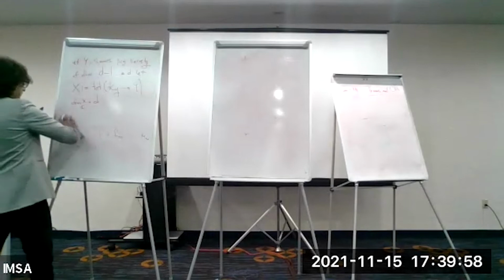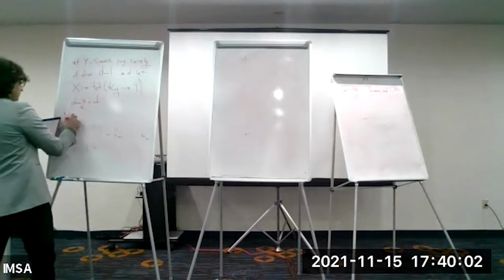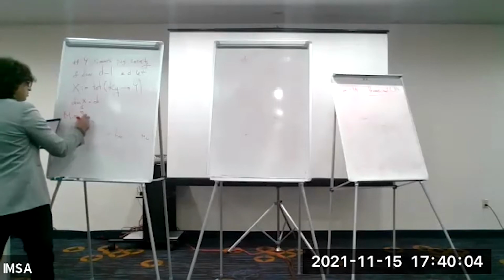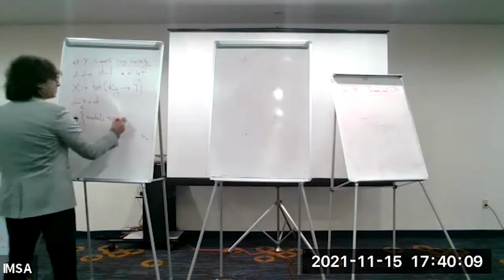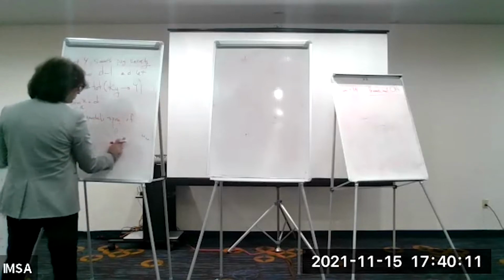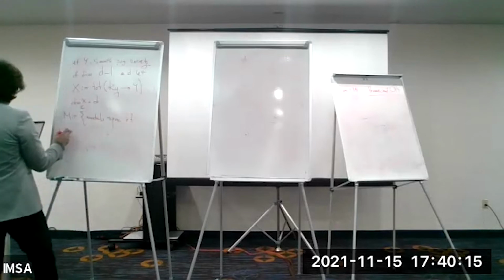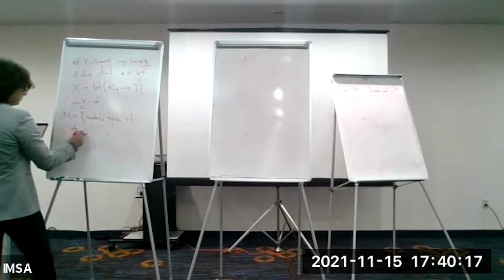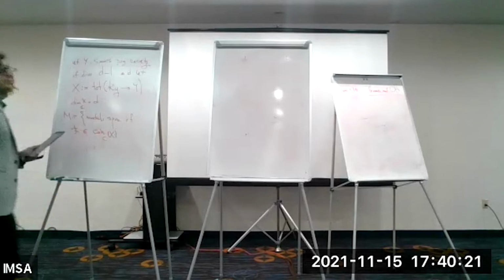Now let's say I have a moduli space M, the moduli space of sheaves. Okay, I'm really being careful. Space of sheaves F on X, but compactly supported ones.